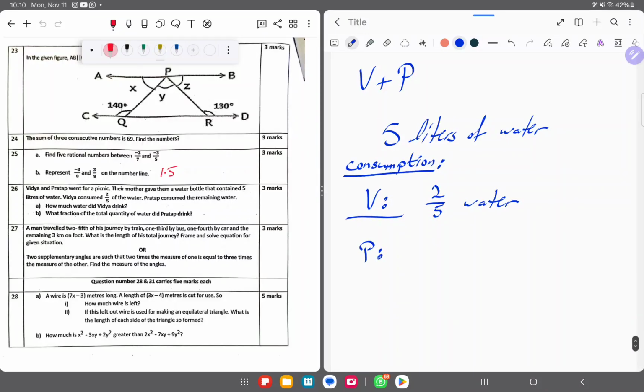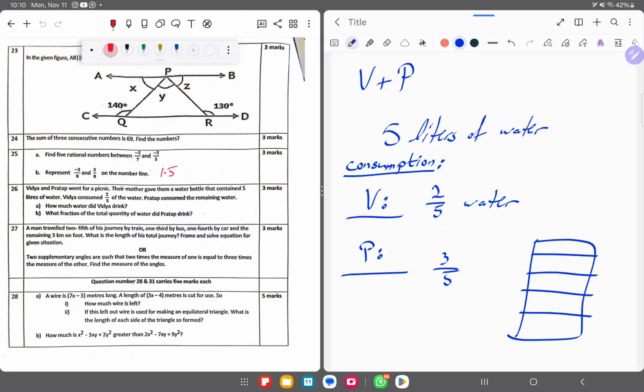So Paratap has the remaining 3 over 5. 1, 2, 3, 4, 5. Vidya consumed 2 over 5, Paratap consumed the remaining.